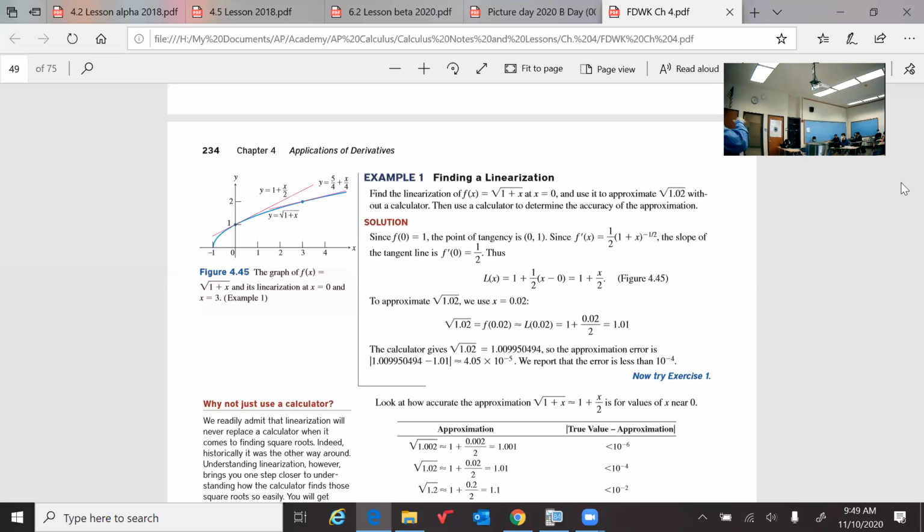So we can take a value of this red line and say that's going to be an overestimate of the curve. It's not going to be exact.